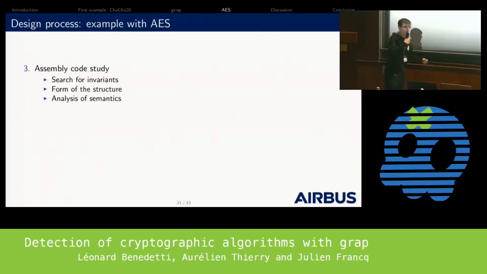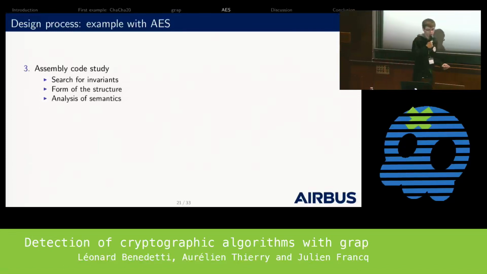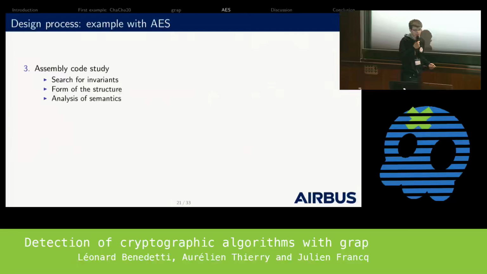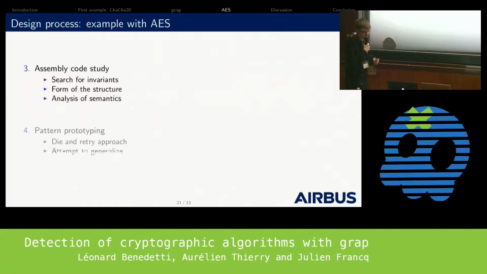On one hand, you have the structures, that is the topology of the control flow graphs, and we look if there is something common in all of those graphs. On the other hand, we will look at the meaning of the instructions, of course, and try to see if some instructions are always there, even with optimization and other transformations.